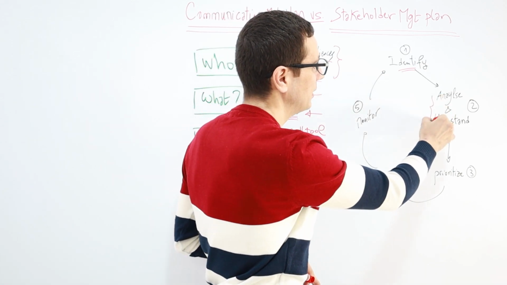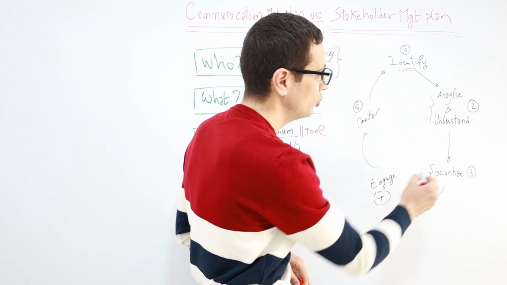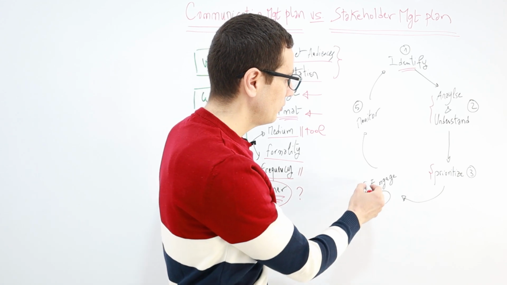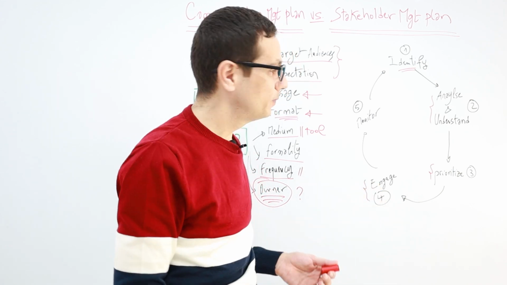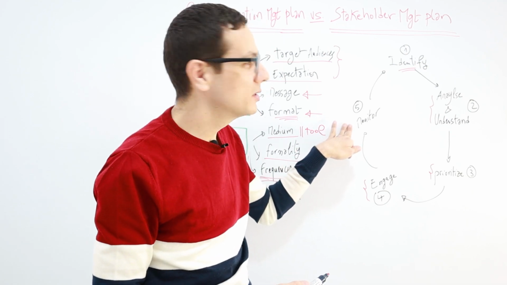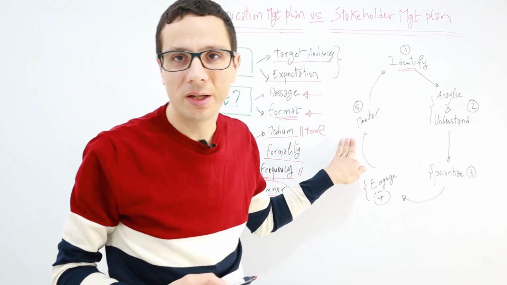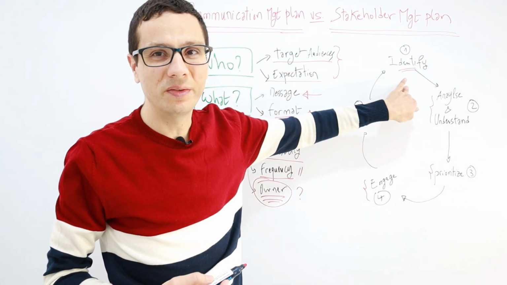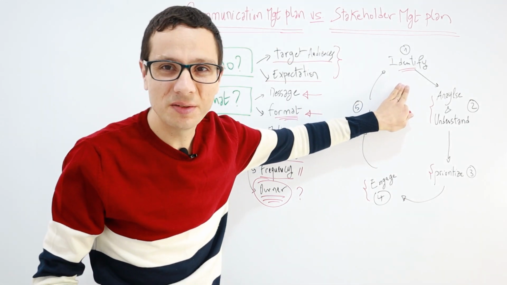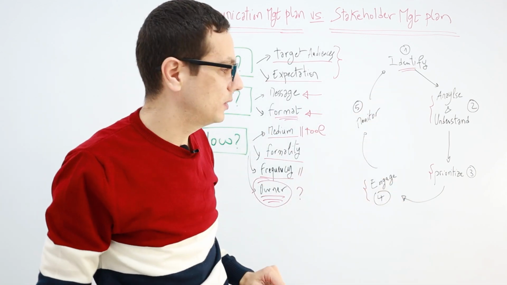Second, you analyze and understand your stakeholders. Third, you prioritize the stakeholders of your project. Fourth, you engage them. And fifth, you monitor their engagement. And then you keep doing the same cycle again and again and identify if there is a new stakeholder. And once a new stakeholder is identified, you analyze and understand them and you continue the cycle.